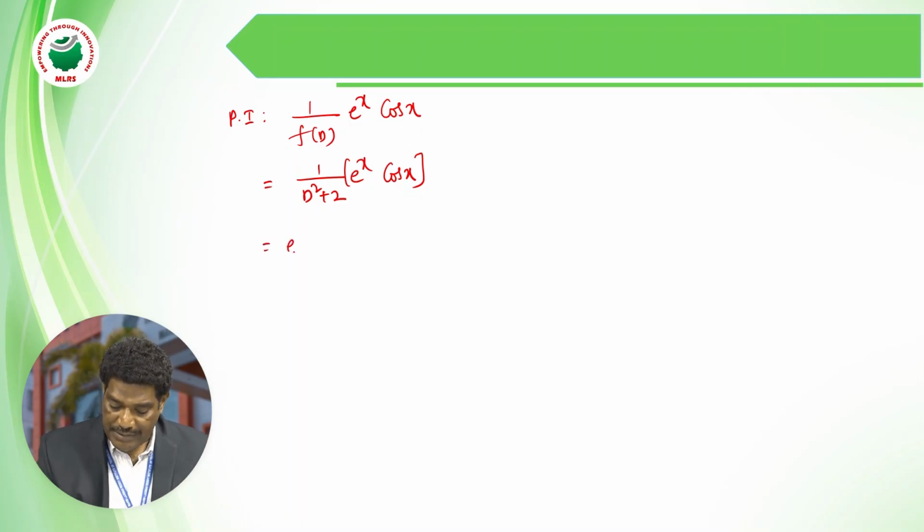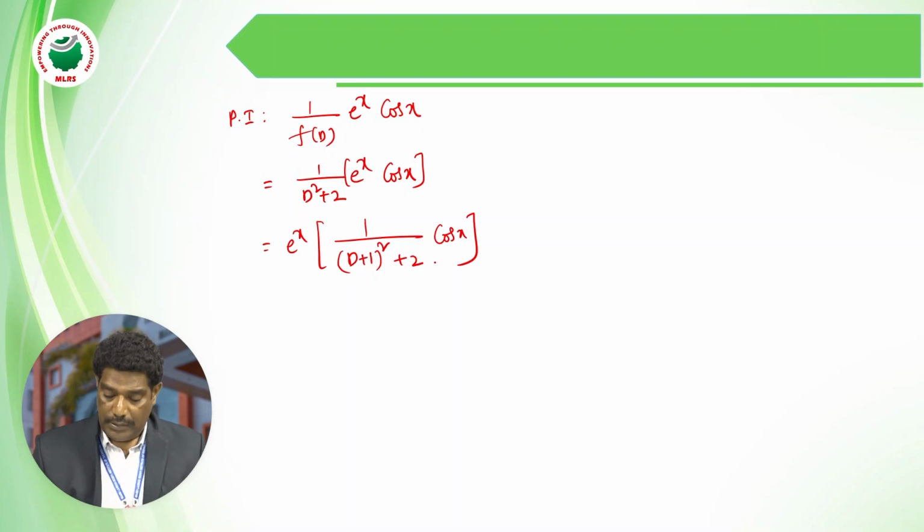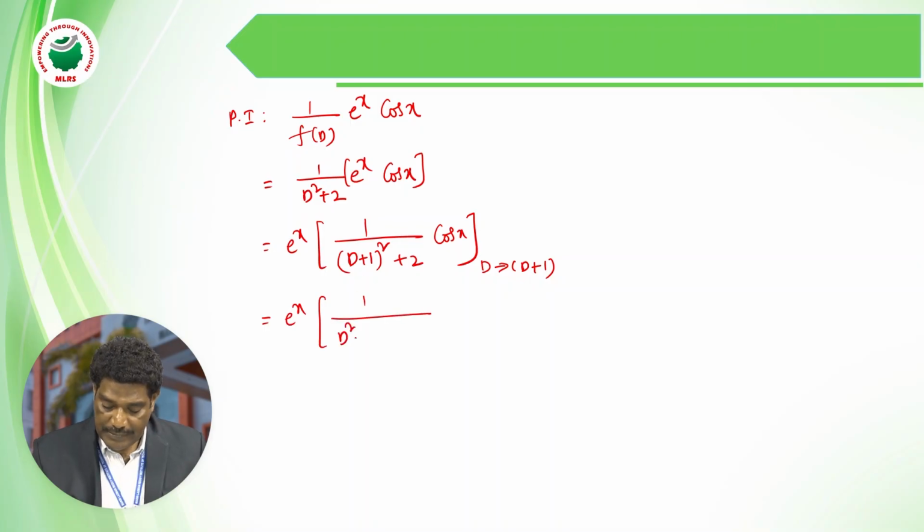So e power of x is shifting outside, and now I am replacing D by D plus 1 whole square plus 2 into cos x. Now simplify it. 1 by (D plus 1) whole square means D square plus 2D plus 1 plus 2, that is D square plus 2D plus 3, into cos x.